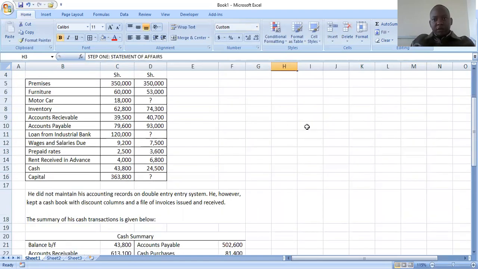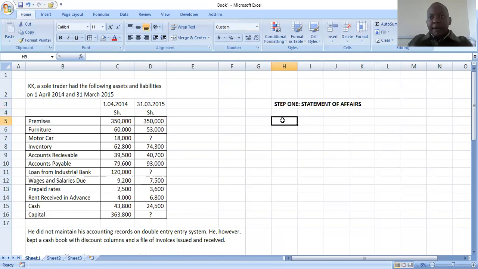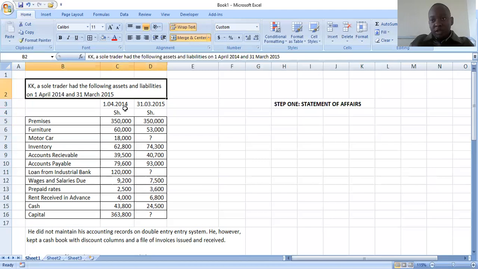So the statement of affairs, we said this is a summary, a list of assets and liabilities as at the beginning of the accounting period. In our case, the beginning of the accounting period is 1st of April 2014.